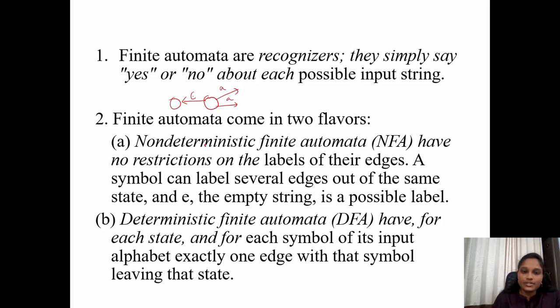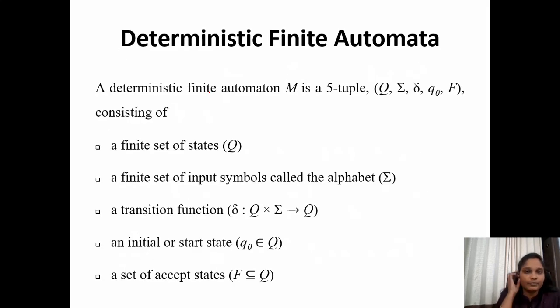But in deterministic finite automata, it is restricted that for each state and for each symbol, we can have exactly one edge, and we cannot have epsilon transitions. So these are the differences between the deterministic and the non-deterministic finite automata.